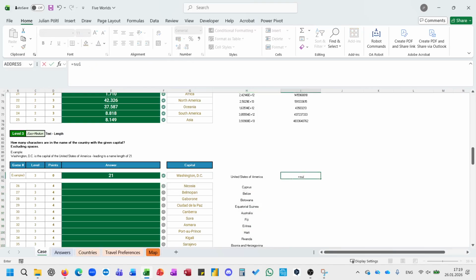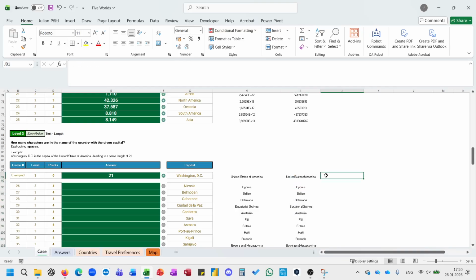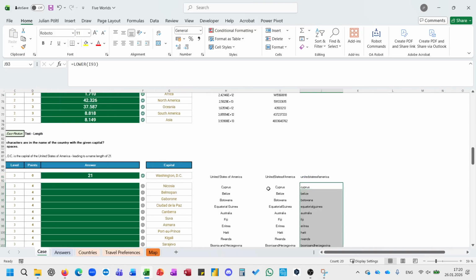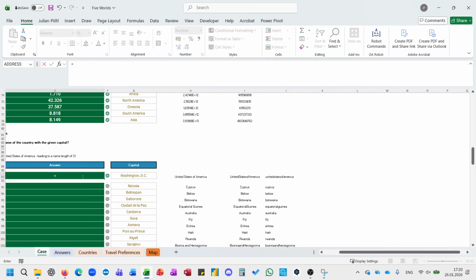You can exclude spaces by SUBSTITUTE space against nothing. Then we also need to make this only lowercase letters. I will show you why in an instance. And then we use equal LEN.